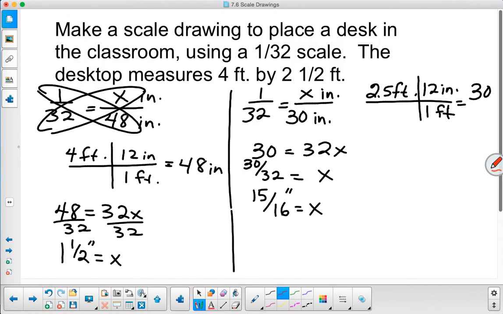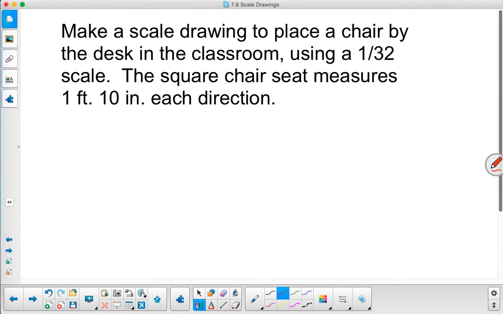Now I think I have one more part where you are going to put a chair beside the desk. This chair is square, measures 1 foot 10 inches in each direction. So let's have you figure out with the scale of 1 to 32, how big should the chair be that's going to sit beside the desk?